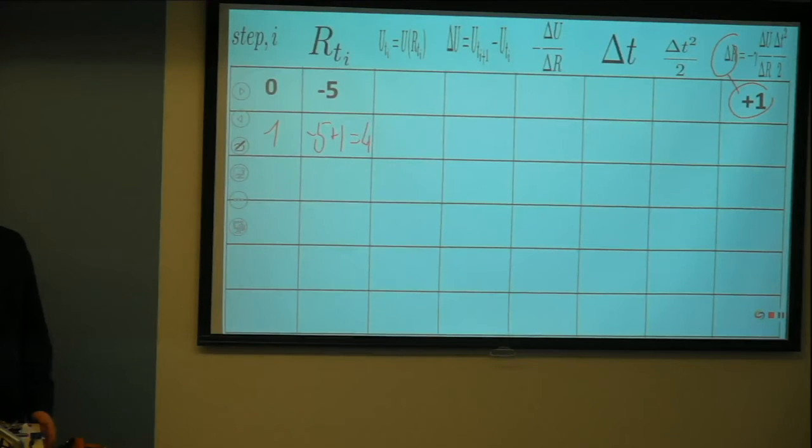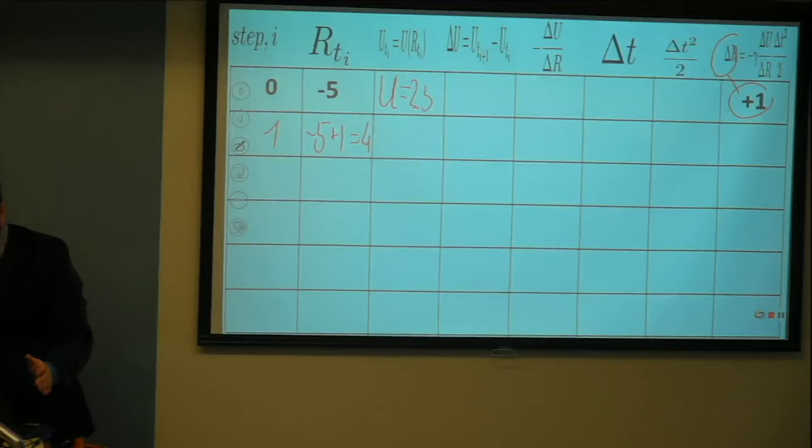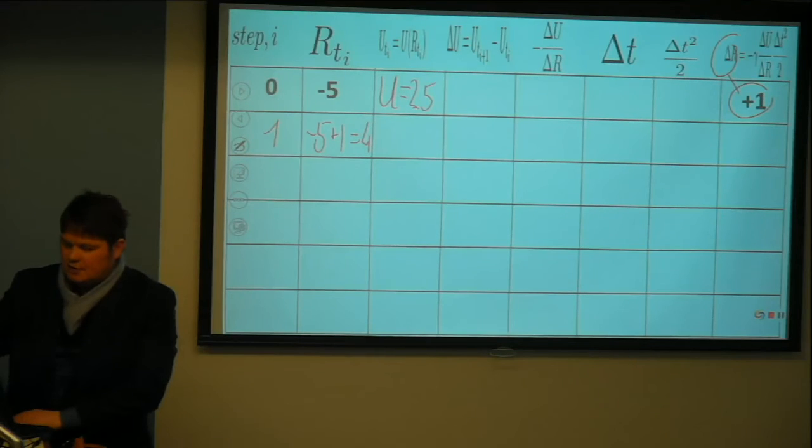The previous value of potential energy surface was -5 squared, is 25. Now, present value -4. Present value of potential energy will be -4 squared.